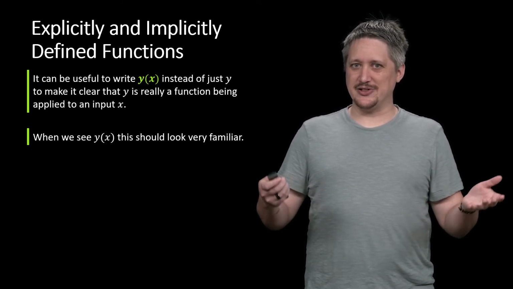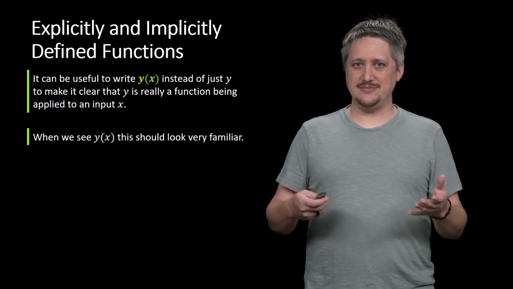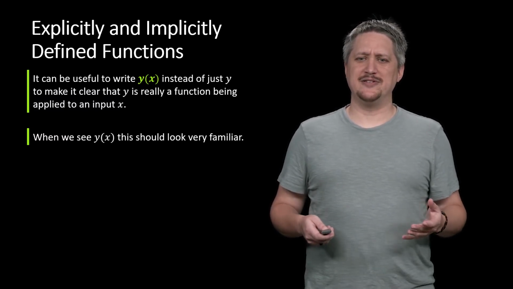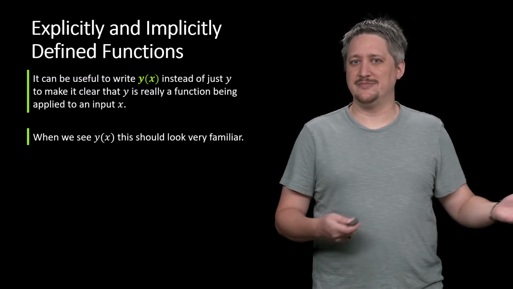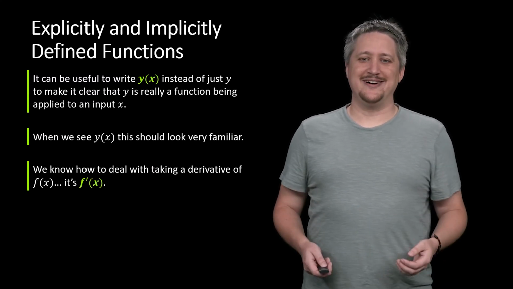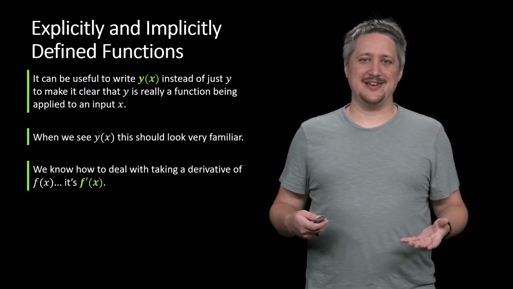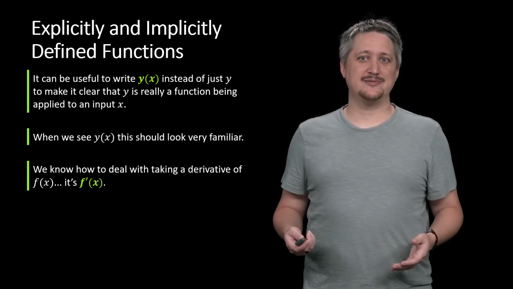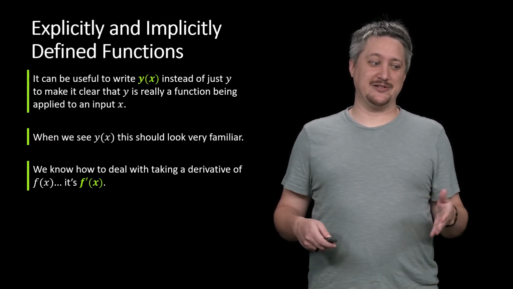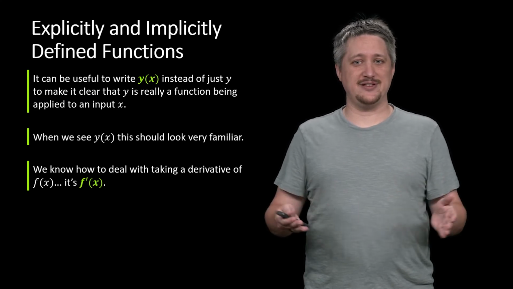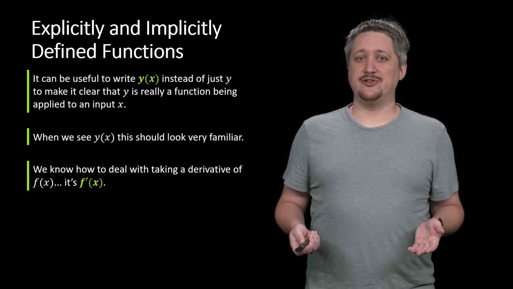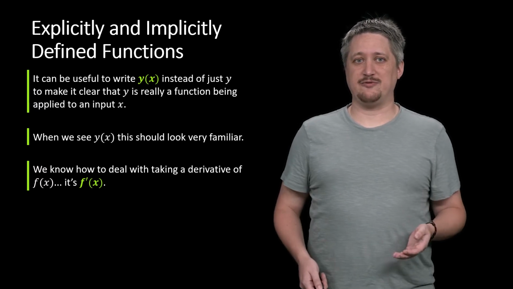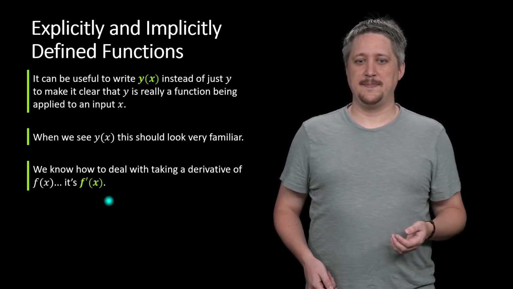Obviously, y is just a letter we choose for ease and familiarity, but having something of x should look pretty familiar even from a long time ago. So in particular, we can think of this as just an f of x, right? There's nothing special about the letter y versus the letter f in this context. And we already know how to do derivatives of f of x, right? We just have this f prime of x, right?